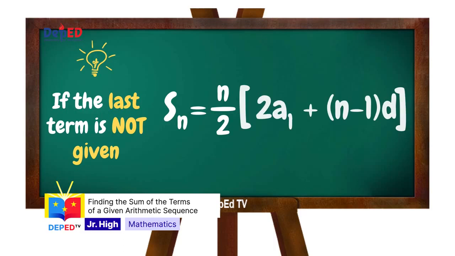Again, if the last term is not given, we will use this formula, where S sub n is the sum of the first n terms, a sub 1 is the first term of the sequence, and d is the common difference.